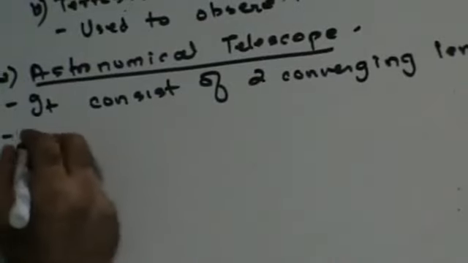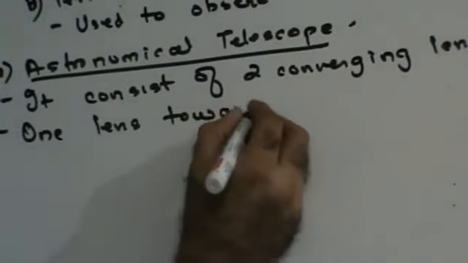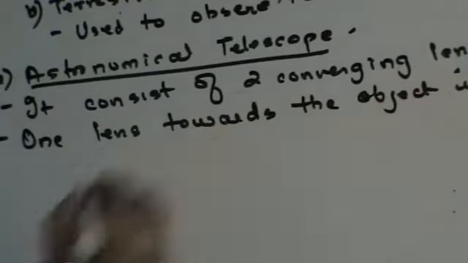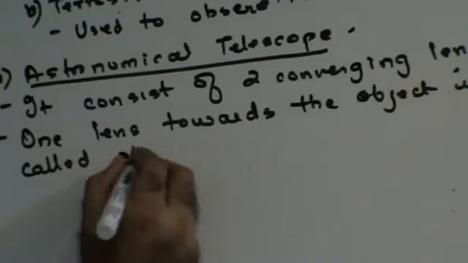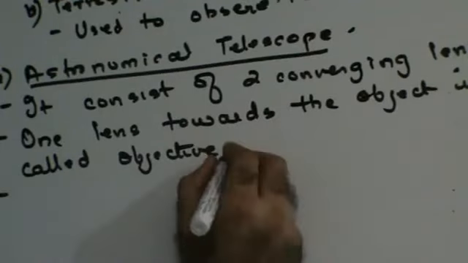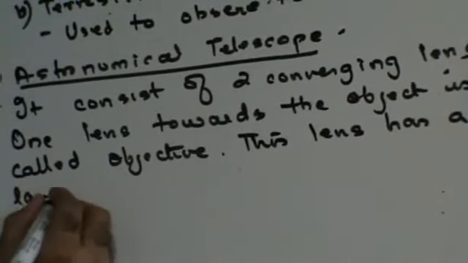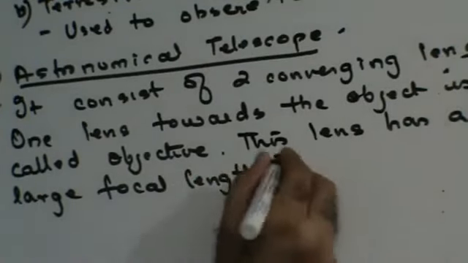One lens towards the object is called objective, and this lens has a very large focal length and a large aperture.